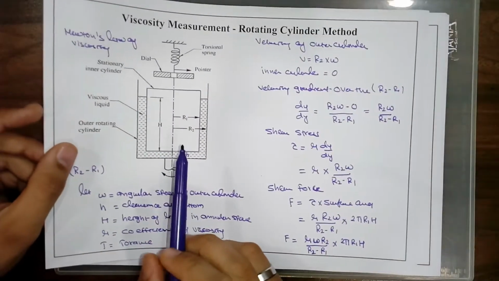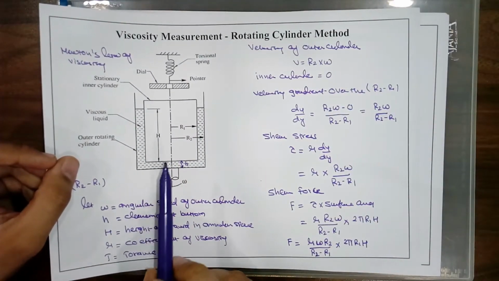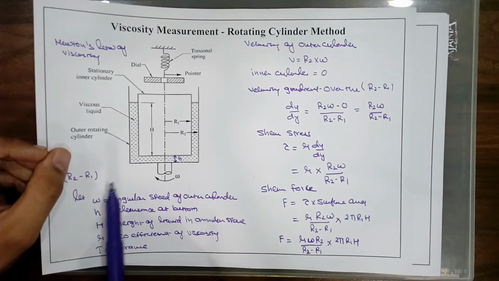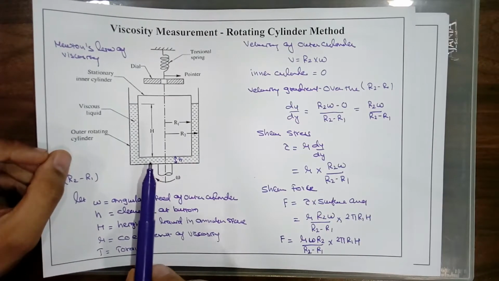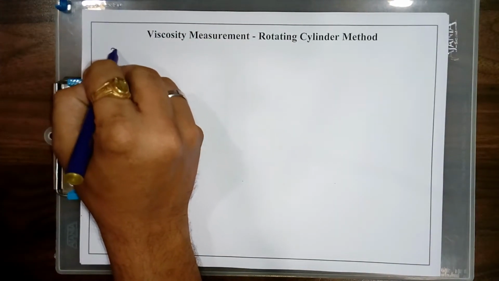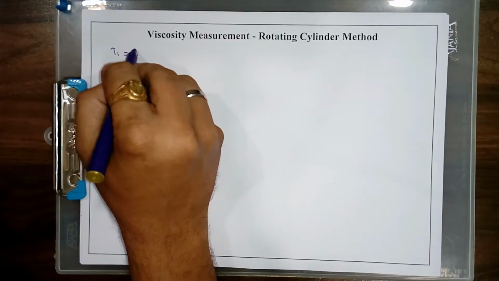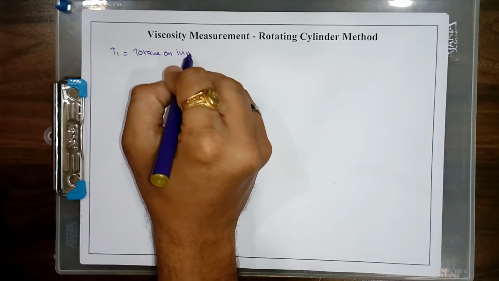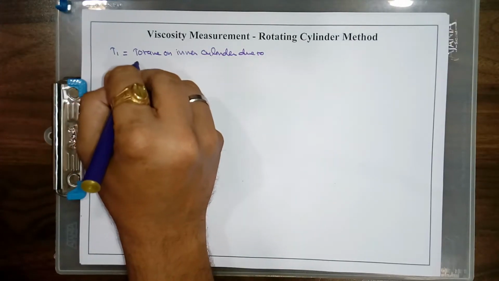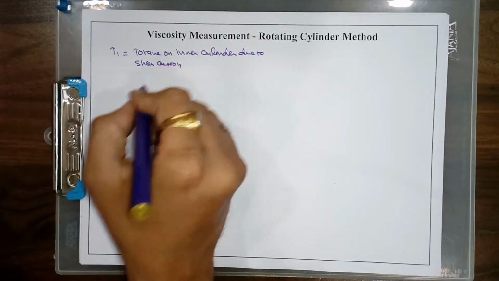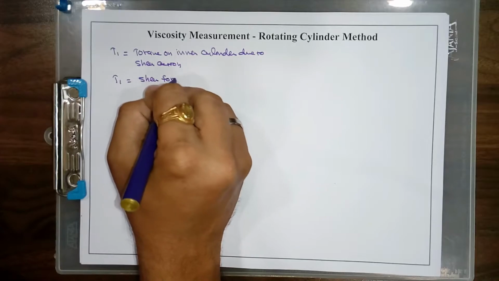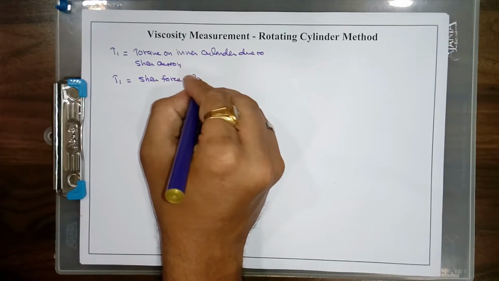Now students, let us consider the torque T1 which is exerted by cylinder 2 on cylinder 1 due to the shear action in the liquid which fills the annular space. So we write T1, which is the torque on the inner cylinder due to shear action. So T1 equals the shear force into the radius.